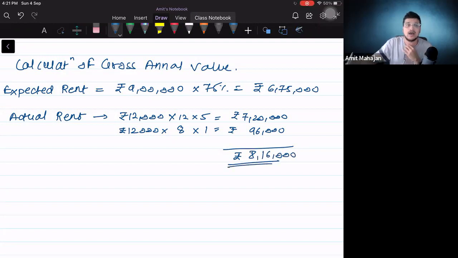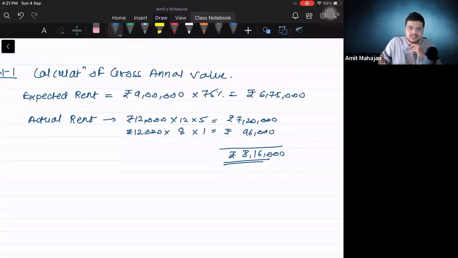This is my actual rent, and now I will compare this actual rent with the expected rent, which is higher. So can I say my GAV is 8,16,000?